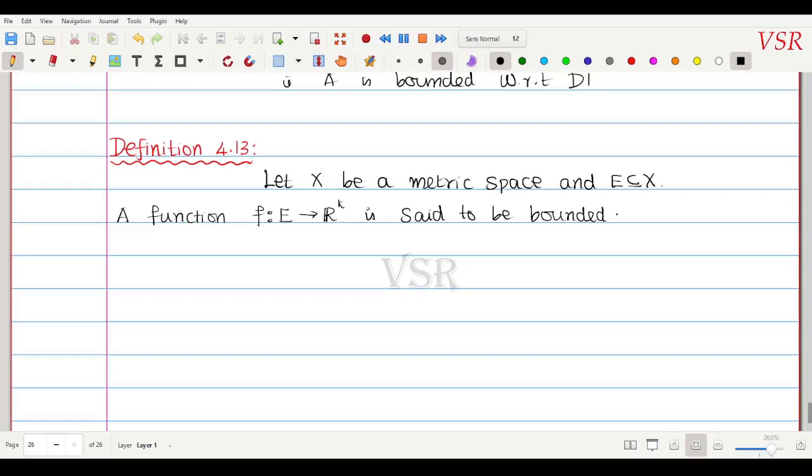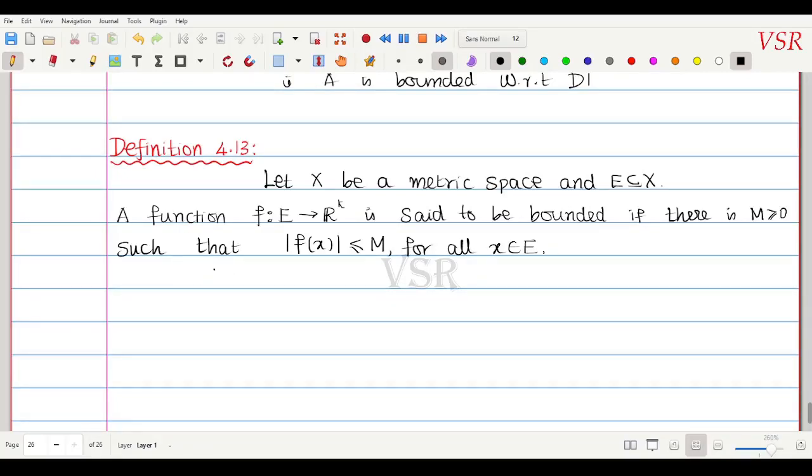என்ன அர்த்தம் அப்படின்னா, is bounded if there is m positive. Okay, of course m positive or m greater than or equal to 0 கொடுக்கலாம். Such that modulus of f of x is less than or equal to capital M for all x belongs to capital E. So this is the definition.